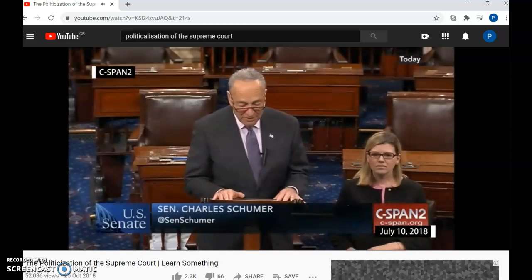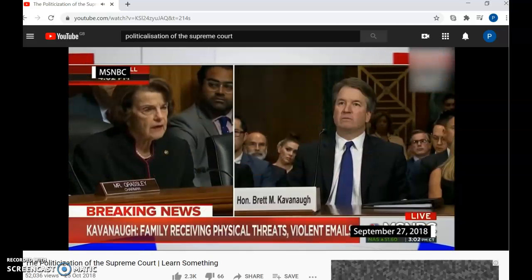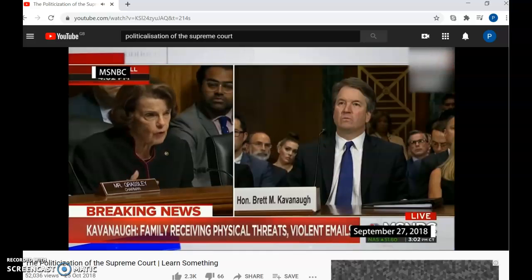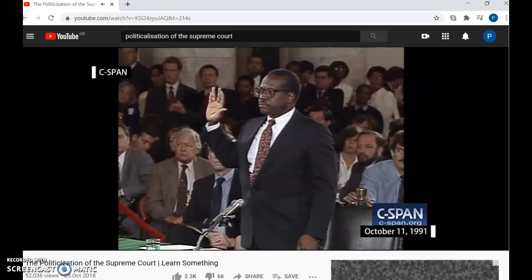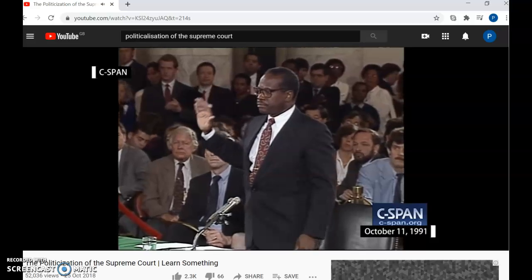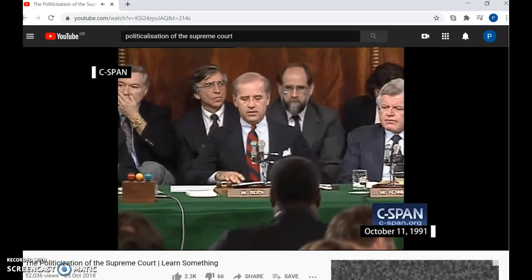This was many months prior to the allegations against Kavanaugh by Dr. Ford and others. Senator Schumer and many other Democratic senators vowed to block the confirmation of Judge Kavanaugh based solely on ideology. The nomination of Clarence Thomas to the Supreme Court caused a ruckus just as Kavanaugh has, including the allegations of sexual misconduct.